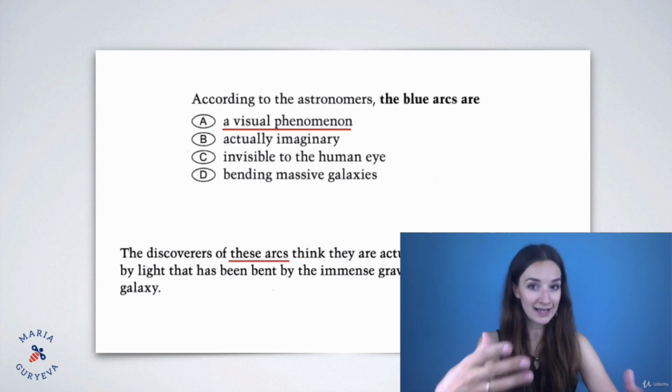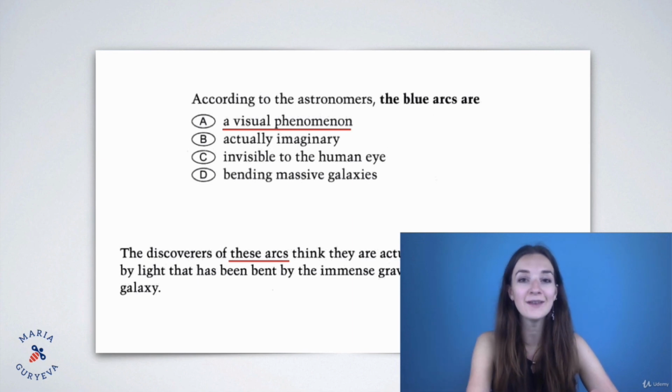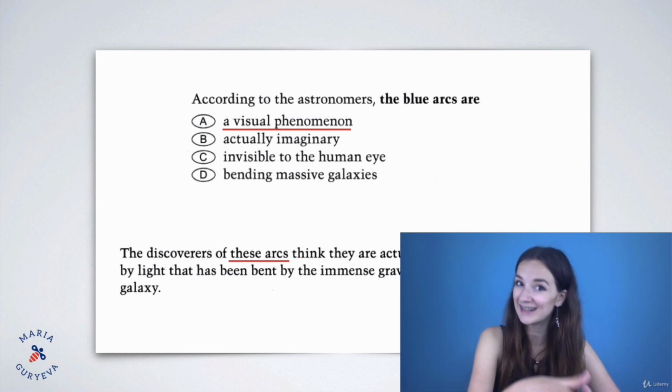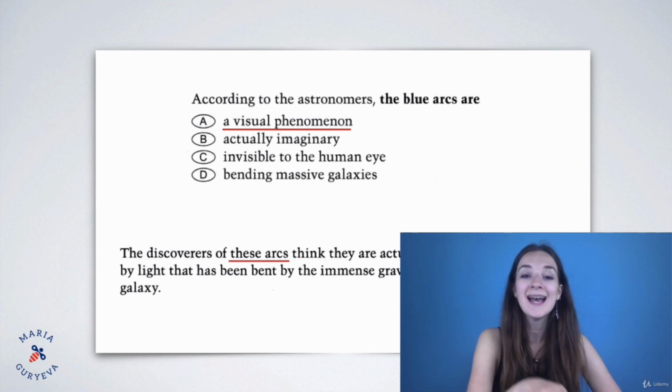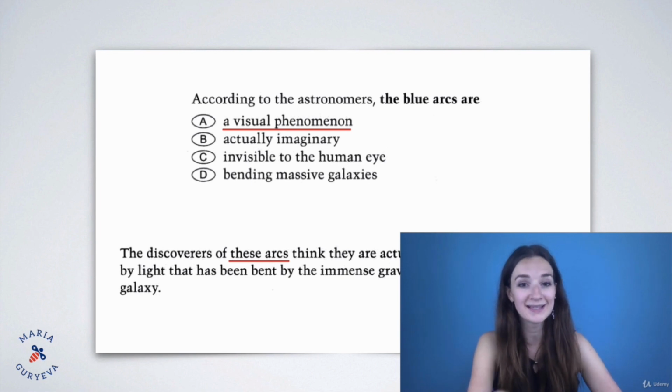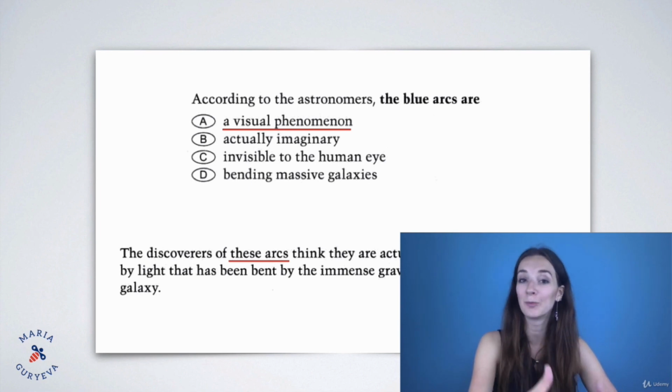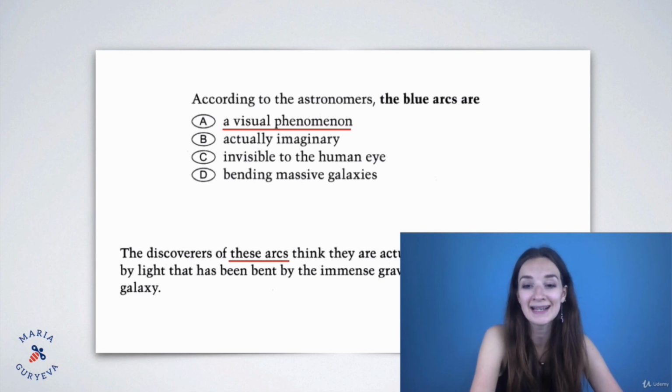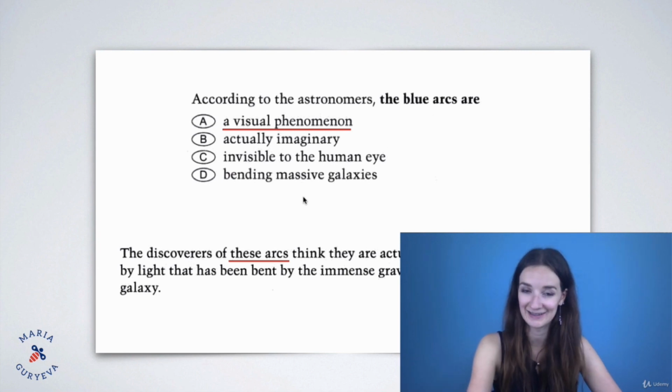It's a skill that you're supposed to have in your college life, so that is why TOEFL is interested in whether you have it or not. This is the first case when we have to practice our paraphrasing skills. We have to always look for synonyms in the text so that we find the right answer choice. This is the key to the details questions. Always look for synonyms, always look for paraphrasing. It will help you choose the right answer.